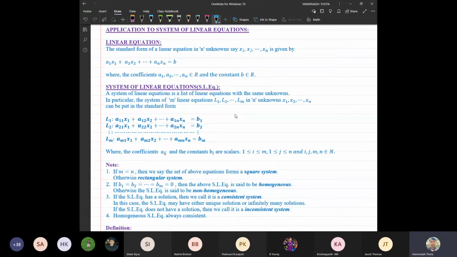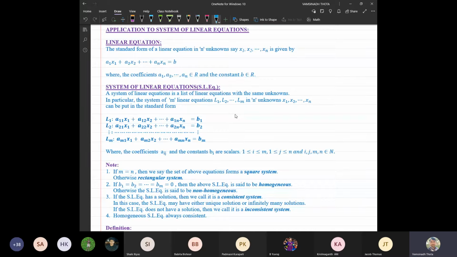In fact, the scalars can be real numbers or complex numbers also. But in this course, we restrict ourselves to the real numbers. Even if the scalars are from the complex numbers, the same techniques will hold also.